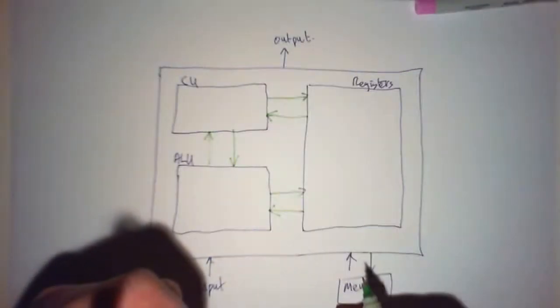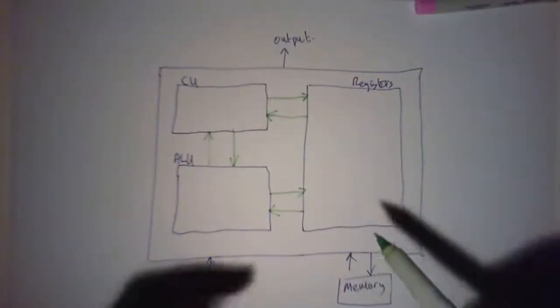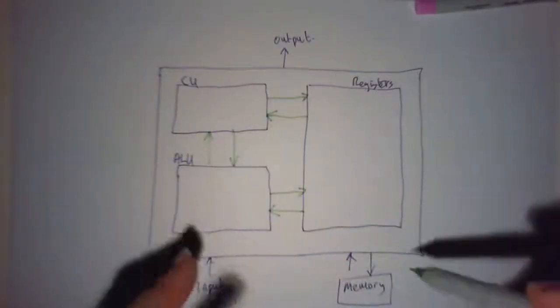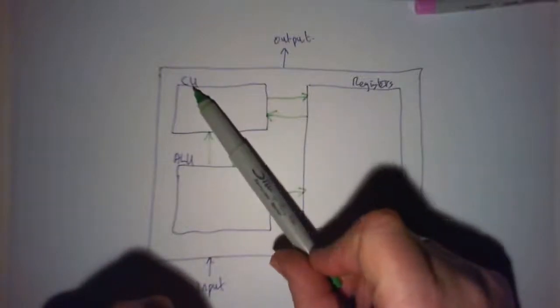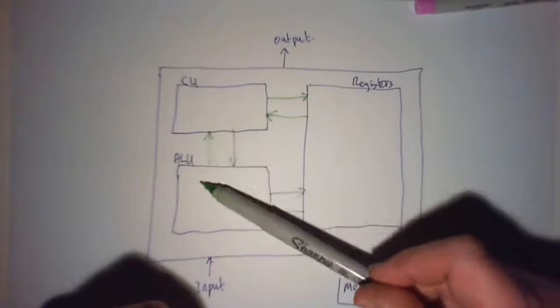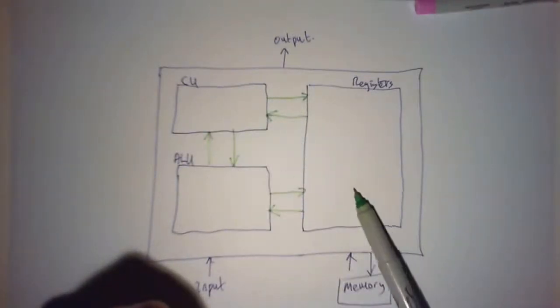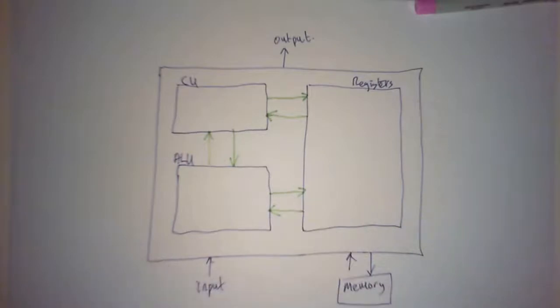That's the trick here. You can remember that in the CPU, everything talks to everything else. The control unit talks to the registers. The registers talk to the control unit. The ALU to the CU, the CU to the ALU, to the registers, to the ALU. They all talk to each other.